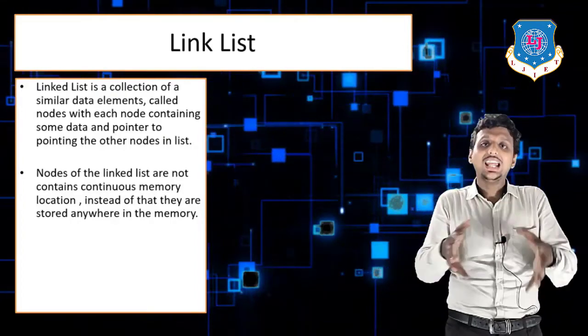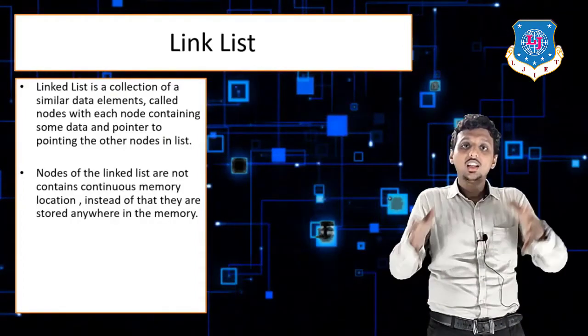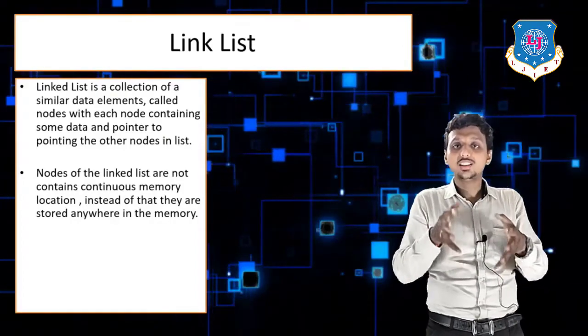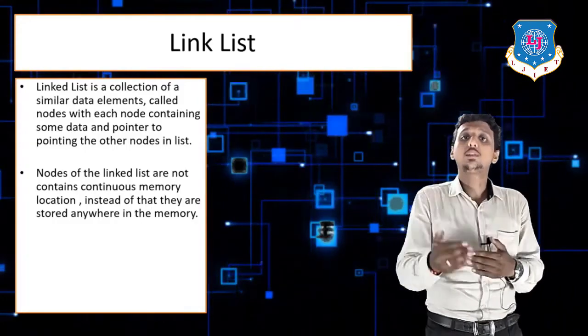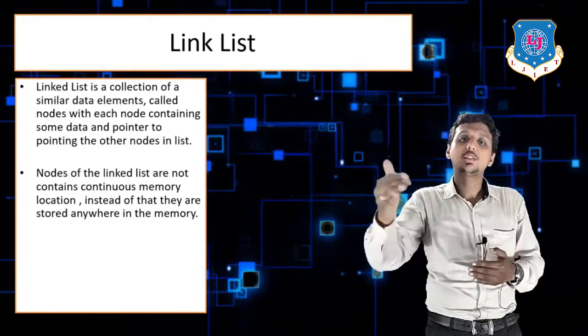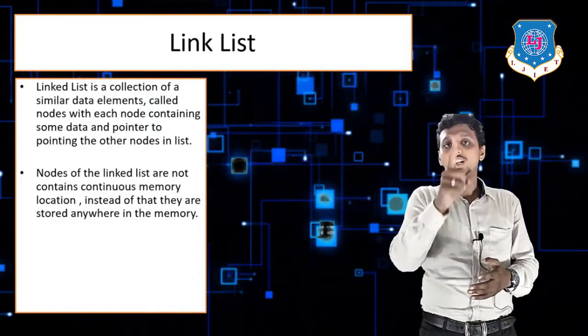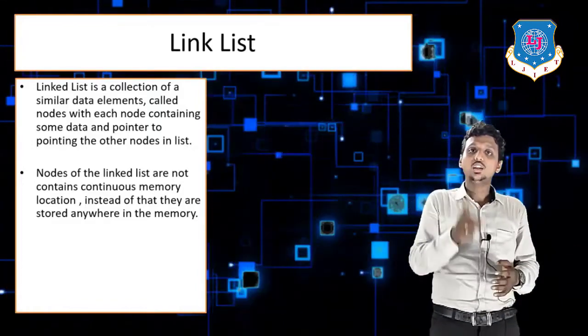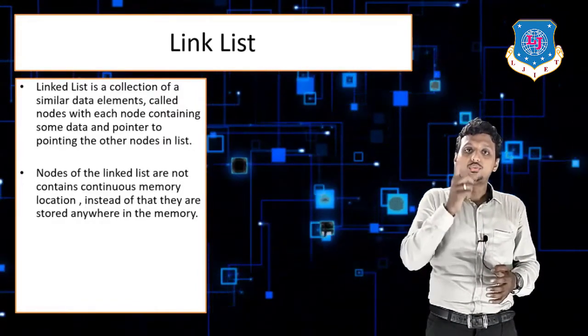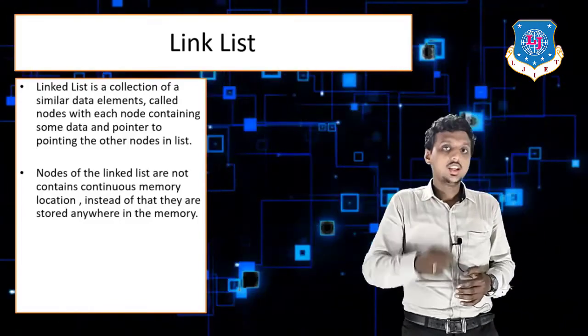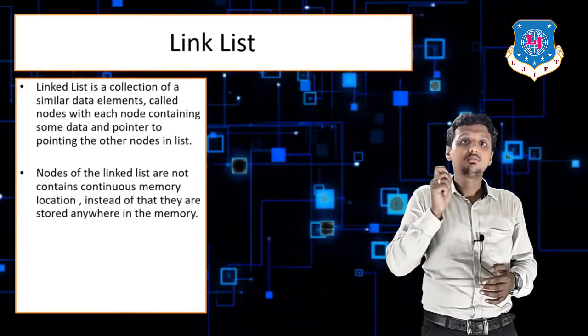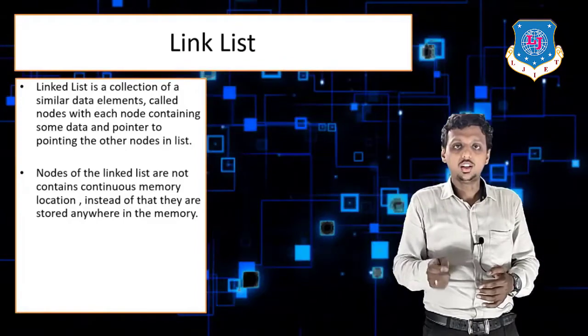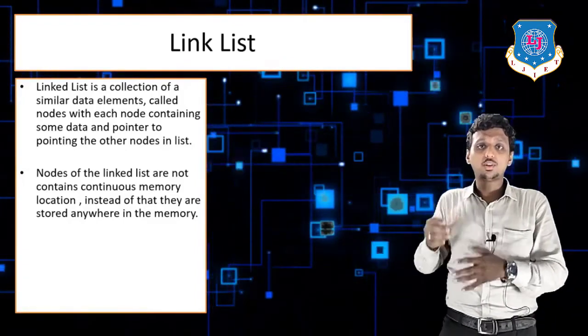It is not like an array, where if the address of the first element is 1000, then the second must be at 1002, third must be at 1004. No, it's not like that. In a linked list, if the address of the first node is 1000, then the second might be 200, third might be 500. So these things might be possible.